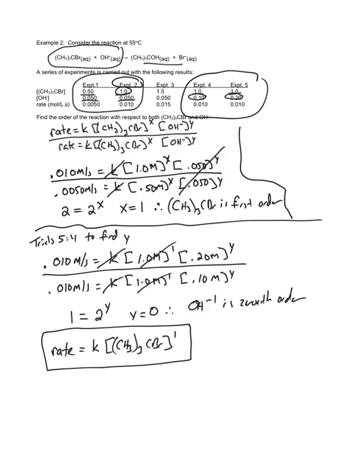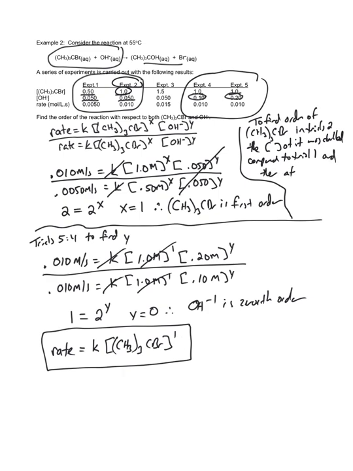That is through explanation. For example, we can say this. To find the order of CH3CBr, in trial 2, the concentration of it was doubled compared to trial 1, and the rate of the reaction doubled.